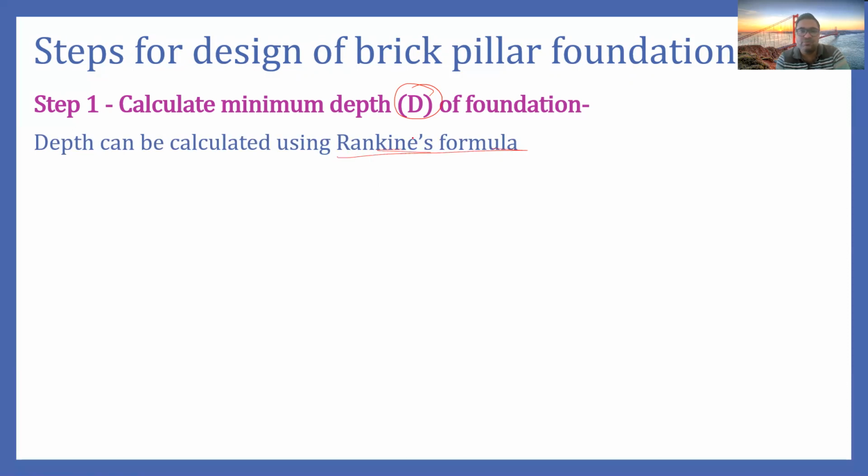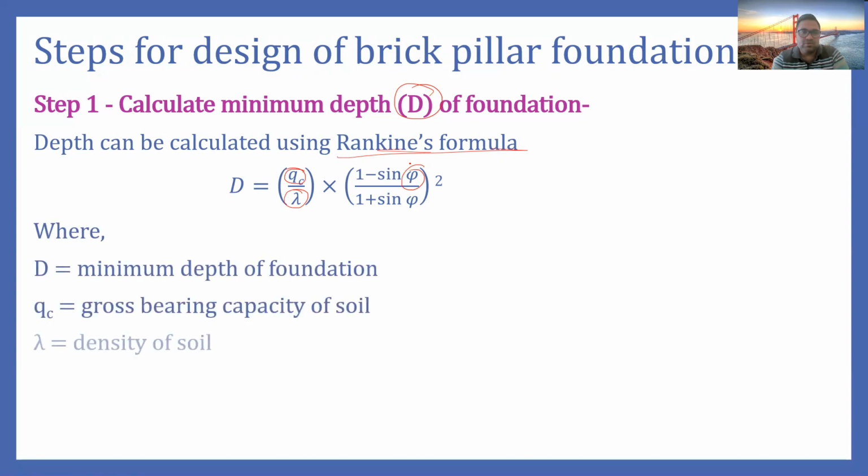I am showing you the formula directly. In this Rankine's formula, QC is the safe bearing capacity of the soil, lambda is the density of the soil, and phi is the angle of repose. So this is what I have written here, angle of repose.